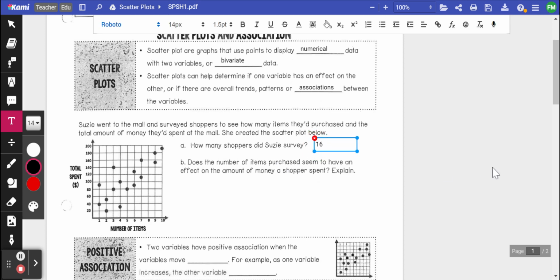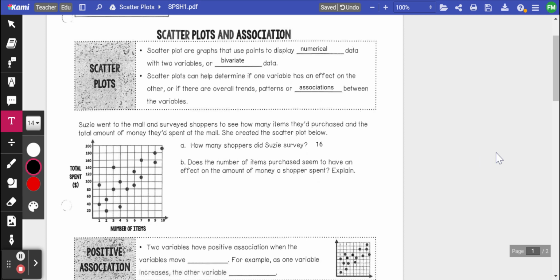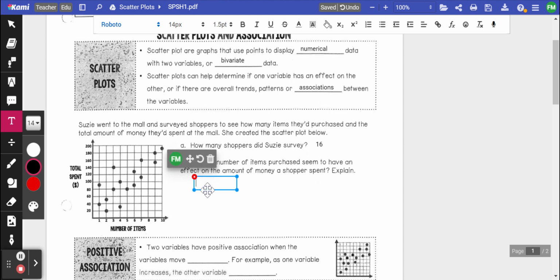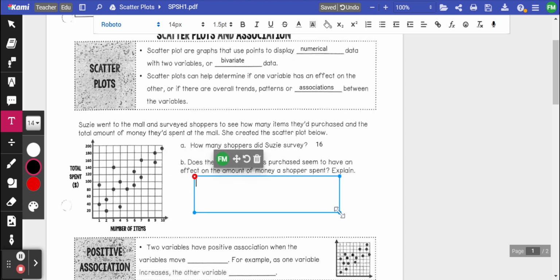Now, that doesn't necessarily mean a whole lot to us right now, but 16 is a fairly good sample to survey, so it gives us a pretty good idea. We come down here, and does the number of items purchased seem to have an effect on the amount of money shoppers spent?